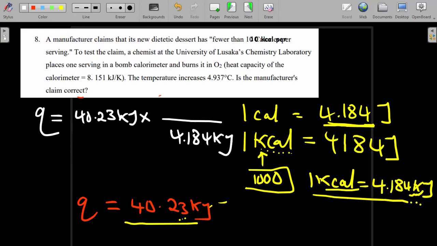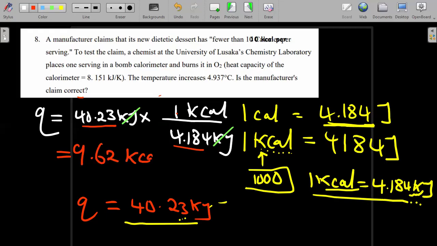I'm using dimensional analysis. I hope you haven't forgotten your semester 1 work. The kilojoules and the kilojoules cancel. What am I going to remain with? 40.23 multiplied by 1 divided by 4.184. When we divide that, I'm going to get 9.62 kilocalories.